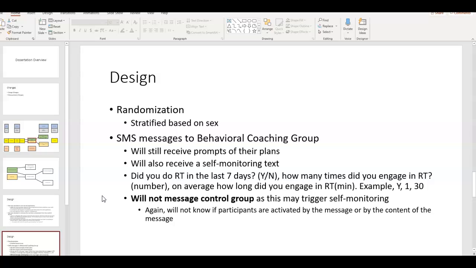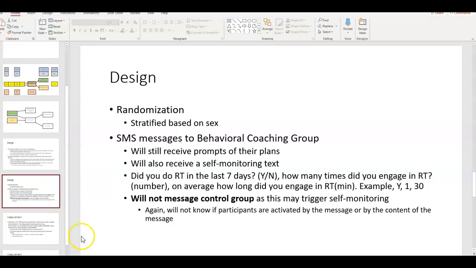The text will read: did you do RT in the last 7 days? How many times did you engage in RT? And then on average, how long did you engage in resistance training? We will not message the control group, as this may trigger self-monitoring. And again, we won't know if participants are activated by the message or by the content of the message. These are all good questions to explore for future research.